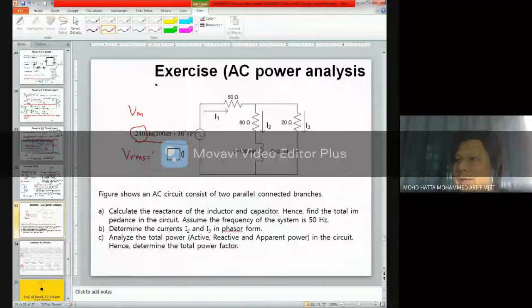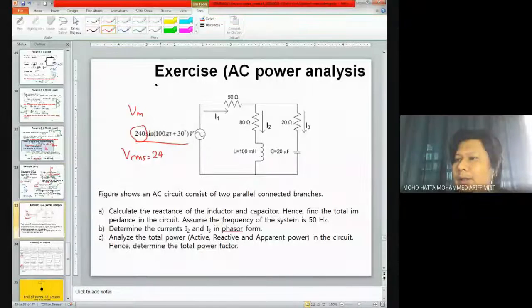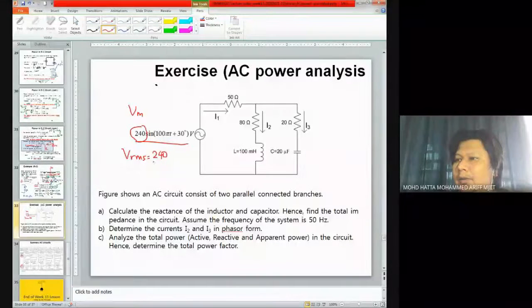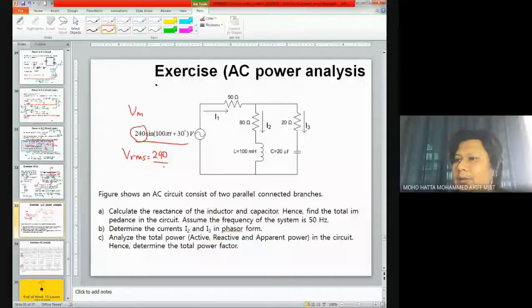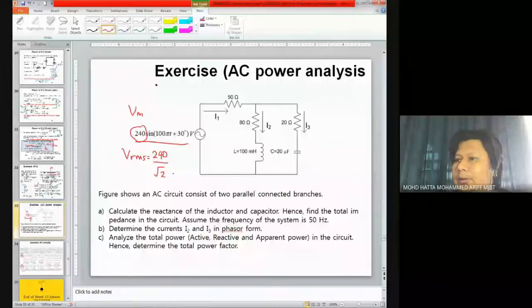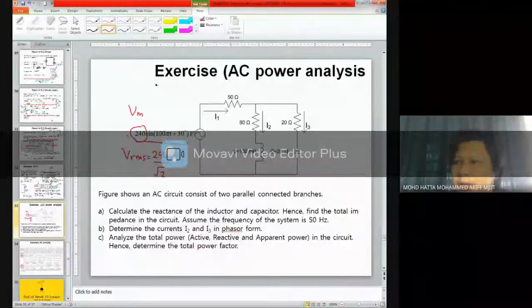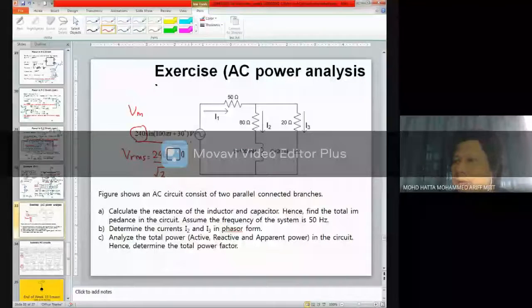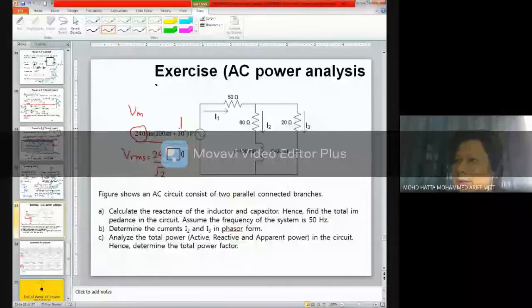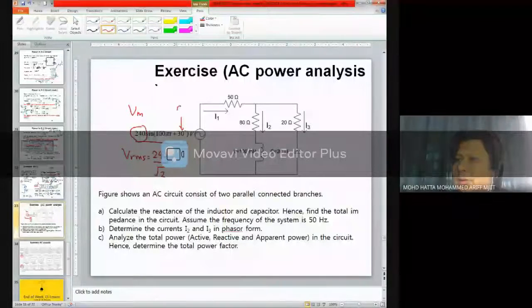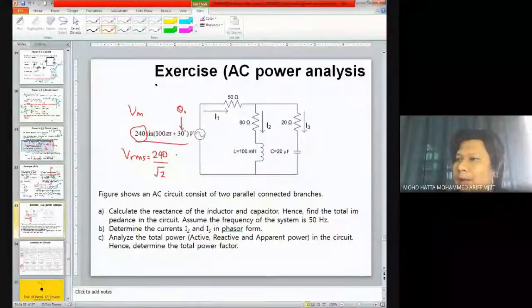So V RMS equals 240 divided by root 2, very important. And if you look at the equation of the voltage over here, it's your theta V. So V RMS also comes with its angle, which is 30 degrees over here.